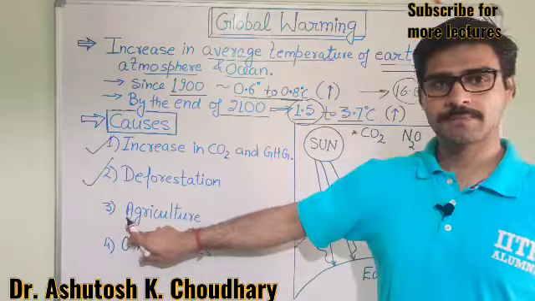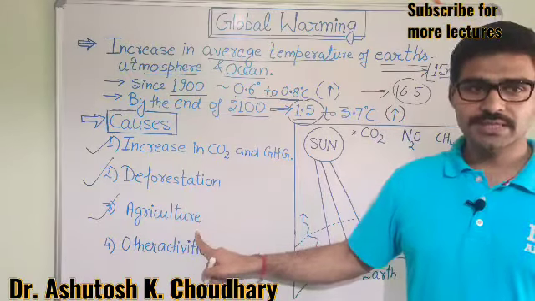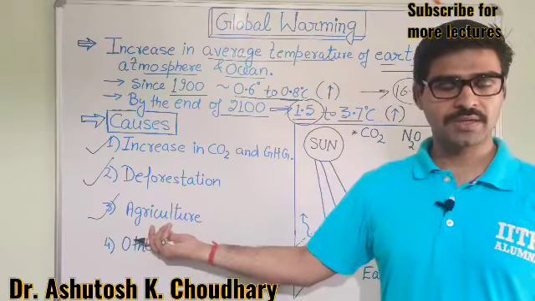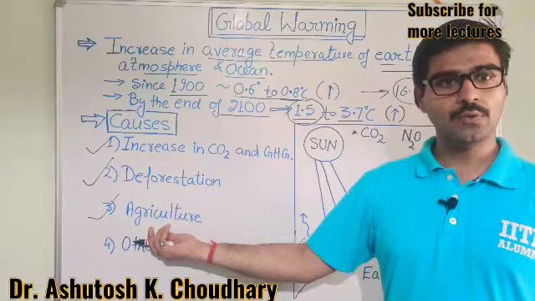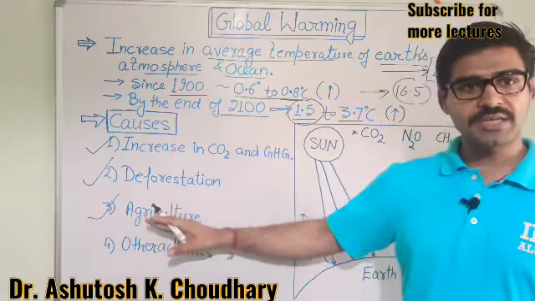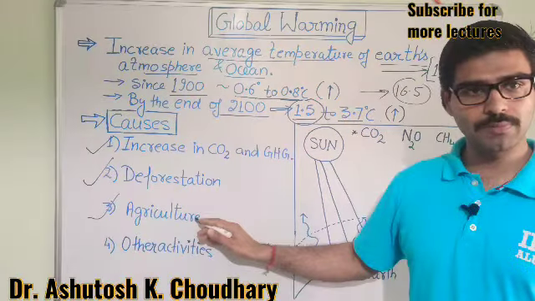The third cause is intensive agricultural activities. As the population is increasing, to fulfill food demands, agricultural activities are increasing day by day. So this is also a reason for global warming.